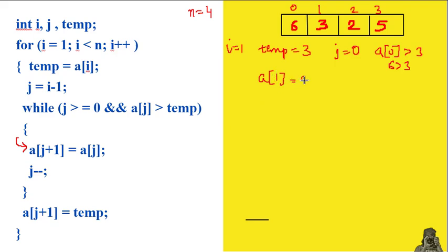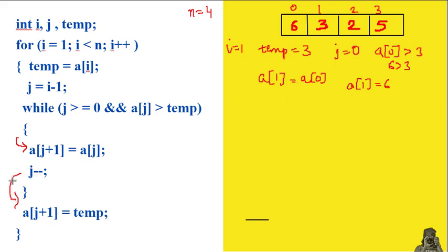We have to pass the current value, and we can override because inside temp we are storing the value 3. So a of 1 will store the 6, and j will be decremented, and after that it will be a negative value. So the while loop will not be executed again. For this first iteration, the while loop will be executed only once.